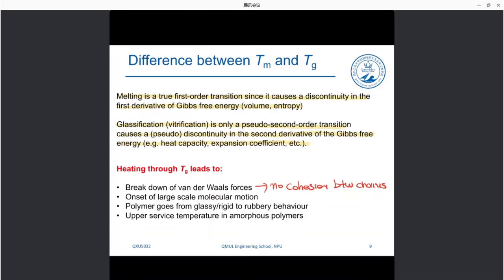The third point, the polymer goes from stiff to soft, from glassy or rigid to rubbery behavior. Glassy or rigid, we said, they have high modulus and low elongation.